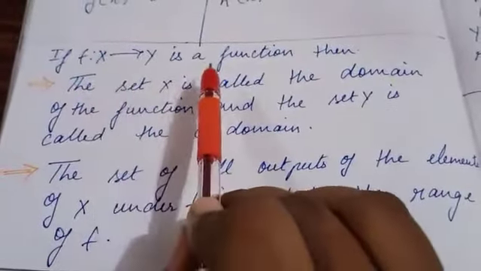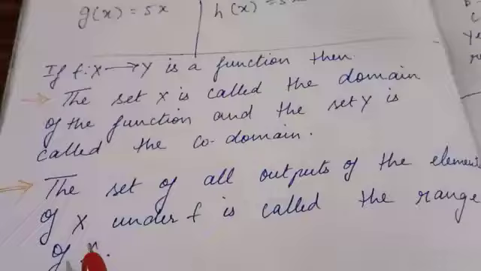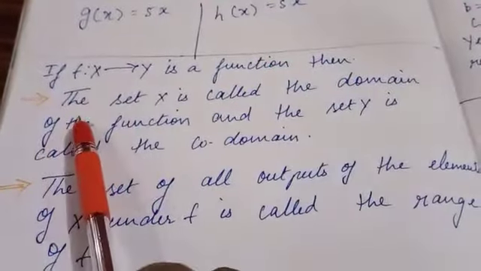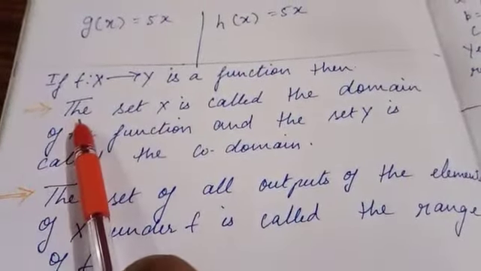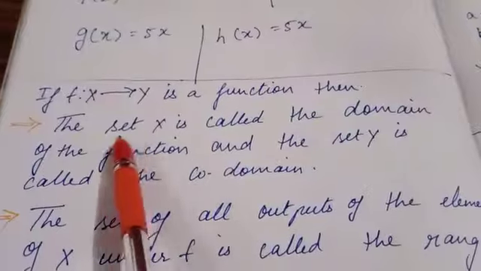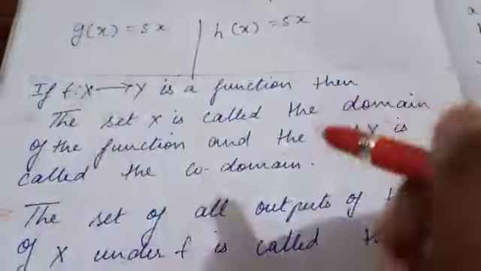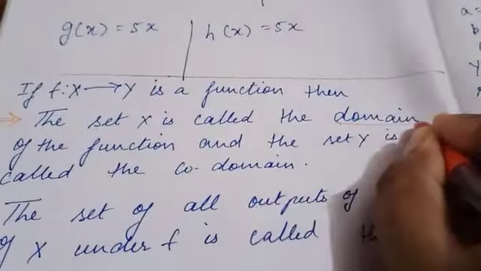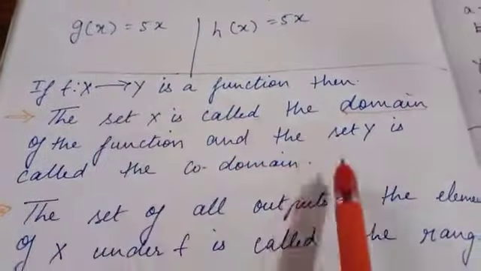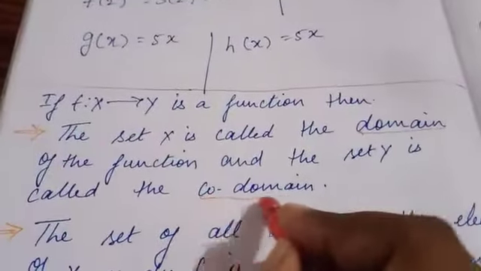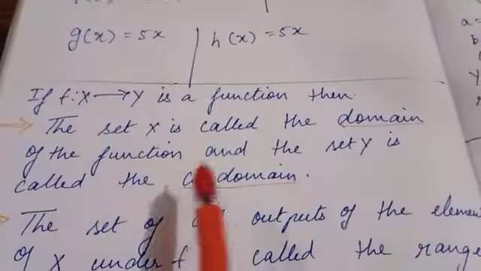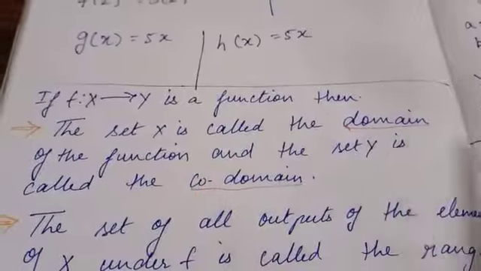If f from X to Y is a function, then the first set X is called the domain of the function, and the second set Y is called the codomain.